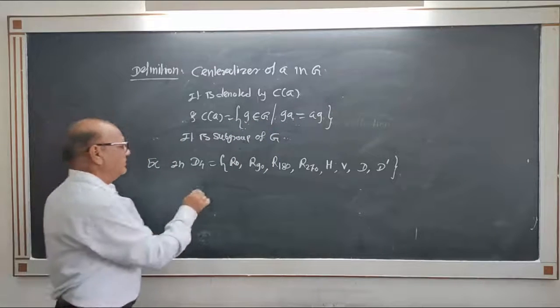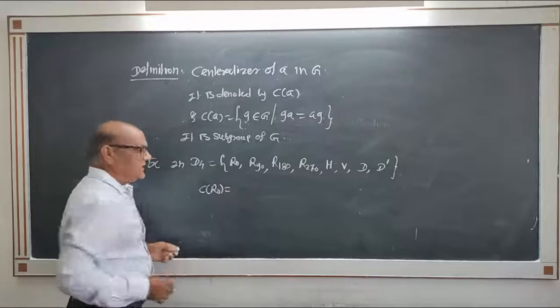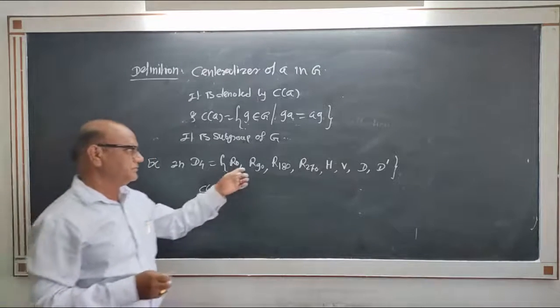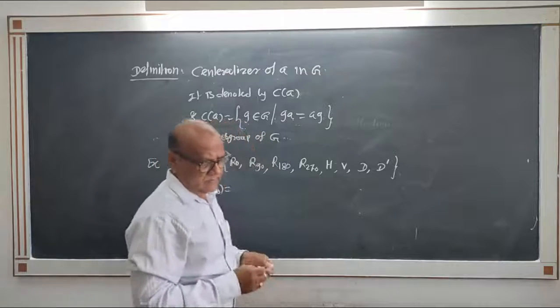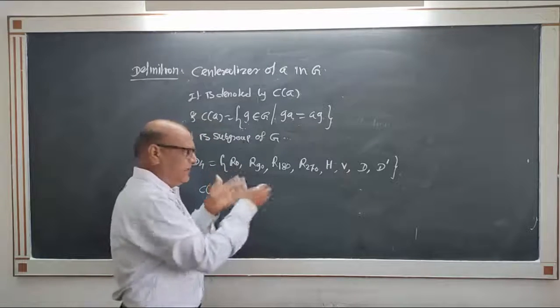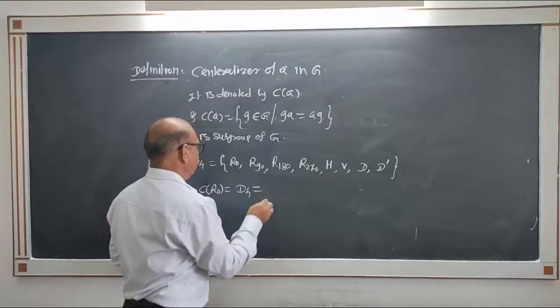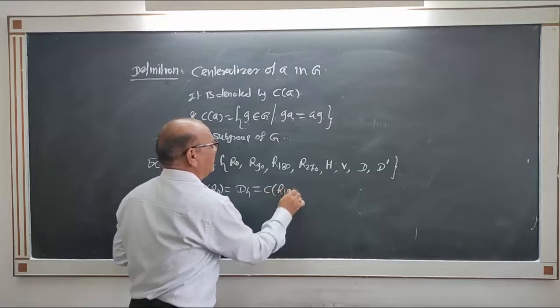Now here C of R0 is D4, since identity commutes with every element. It is also C of R180 degree.